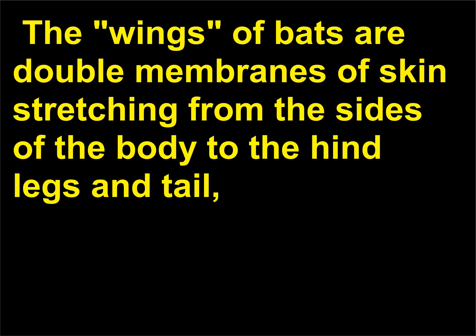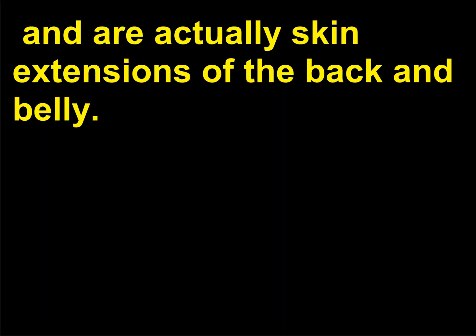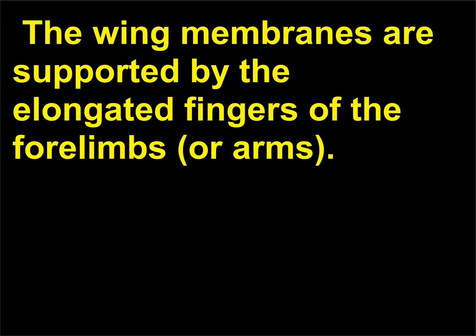The wings of bats are double membranes of skin stretching from the sides of the body to the hind legs and tail, and are actually skin extensions of the back and belly. The wing membranes are supported by the elongated fingers of the forelimbs, or arms.